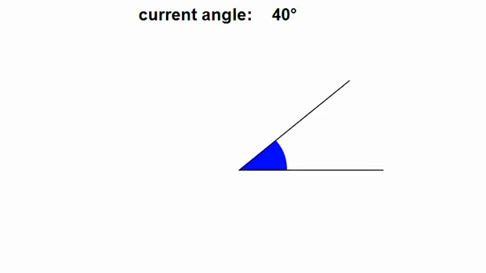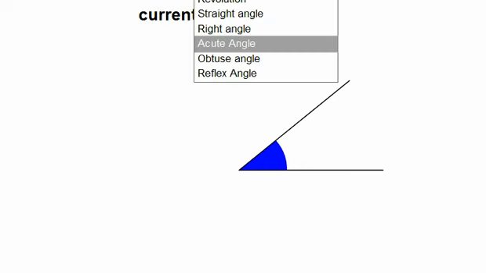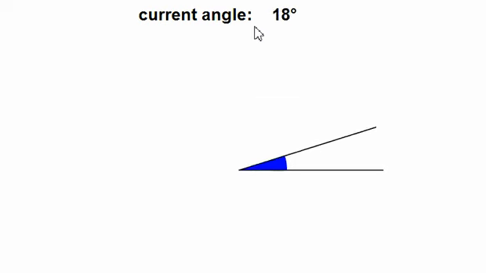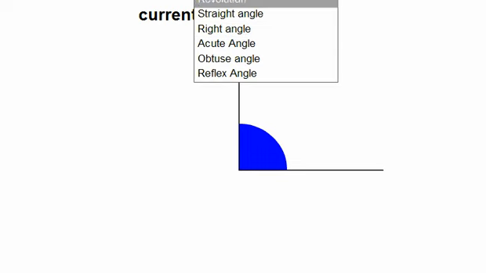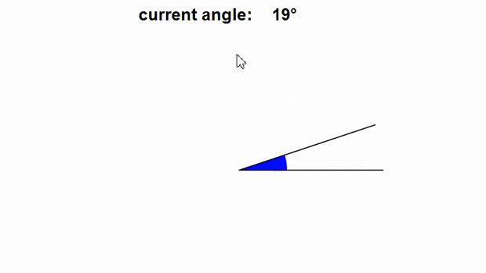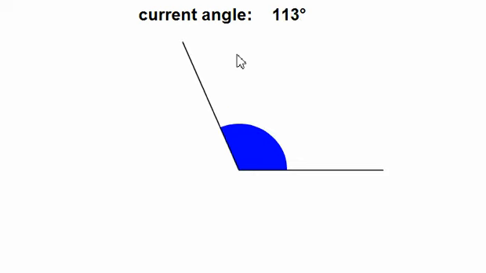So let's see again the current angle of 40 degrees. It is an acute angle. And now this angle, up to 90 degrees, it is a right angle. And if I open it more, I'm going above and beyond the 90 degrees, and this angle is now called obtuse.